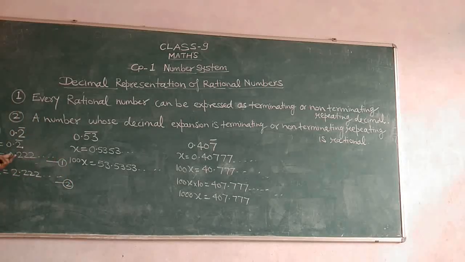Look at equations 1 and 2. After the decimal, the digits are the same, 2, 2, 2 and so on, and here also 2, 2 and so on.